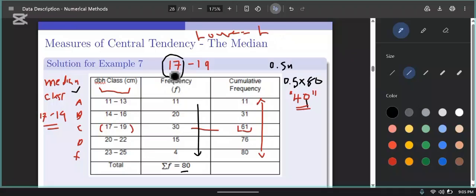And how do you do that? You simply go back. The number before 17 is what? 16.5. So the number before 17 is 16.5, and that is our lower class boundary.